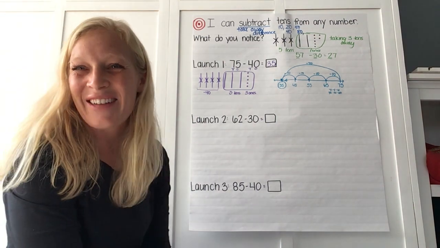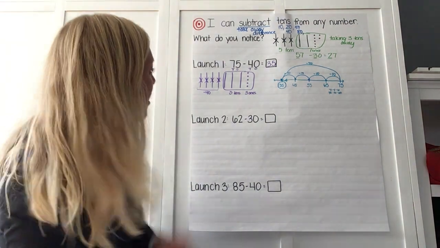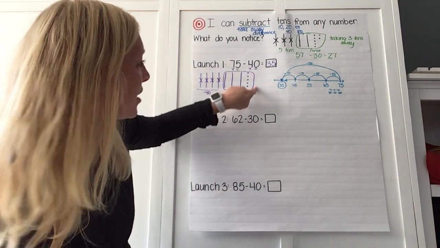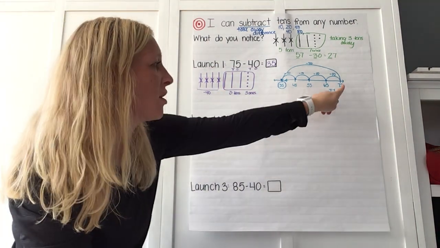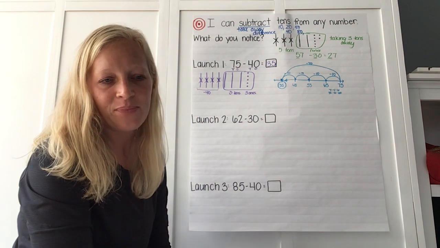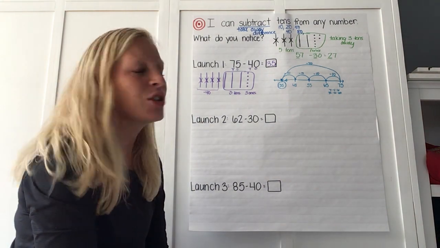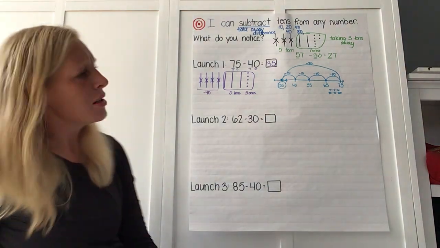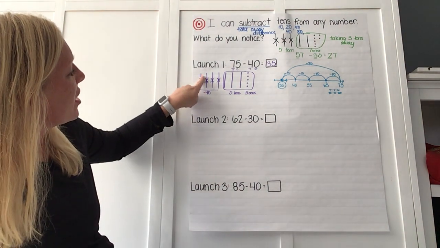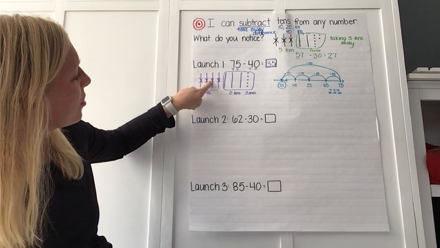They both started with 75, absolutely. This one had 75 in base 10 blocks. This one started at 75 on our number line. What else do you notice? They took away 4 tens. So we took away those 4 tens here, 1 ten, 2 tens, 3 tens, 4 tens.